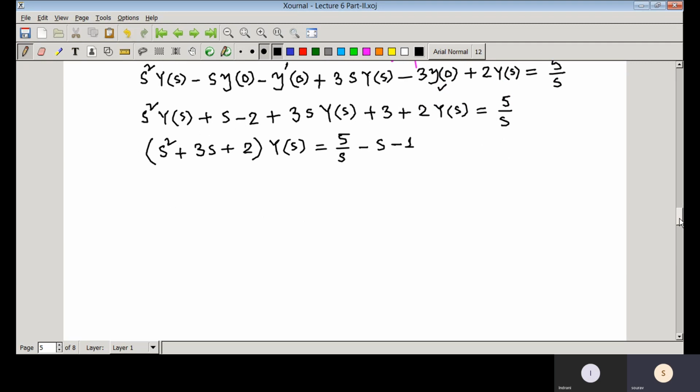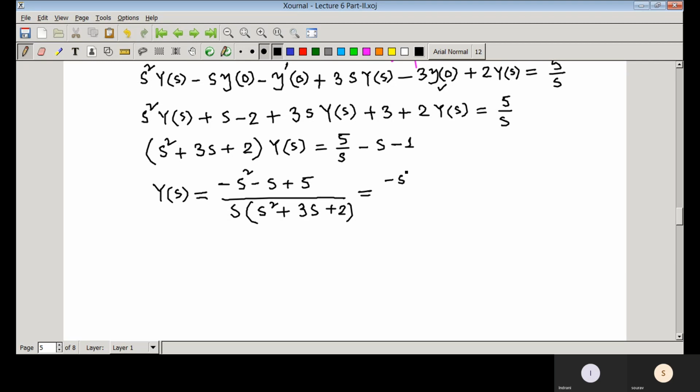Now you can write Y(s) equal to (-s² - s + 5) divided by s(s² + 3s + 2). Then we need to find y(t). So let us factorize the denominator term.